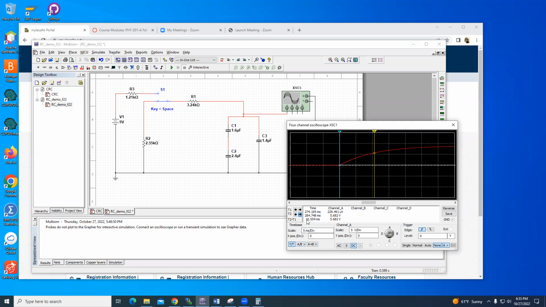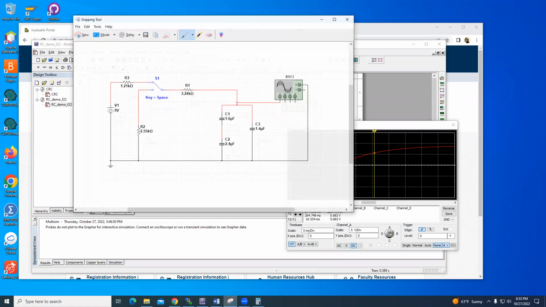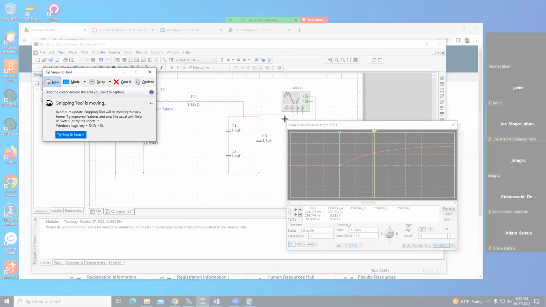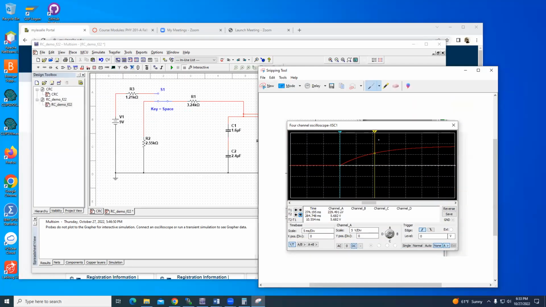And if you really want to impress me, maybe you'll have a little arrow. So I have a snipping tool. Yes. So you would do something like this with your needles in the right position, and you might circle this or something like that. That tells me you know what you're doing. That you convinced me that you got the simulation answer for the charging circuit. This is the charging answer.